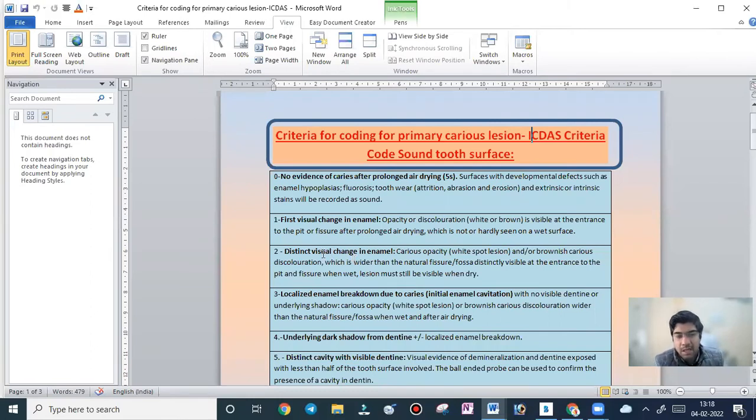Score 2 is a distinct visual change in enamel. So there will be a carious opacity which is wider than the natural fissure at the entrance to the pit and fissure, and when wet, the lesion must still be visible when dry.